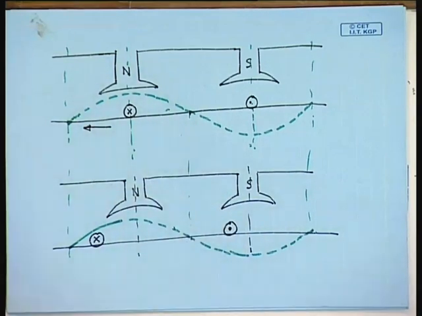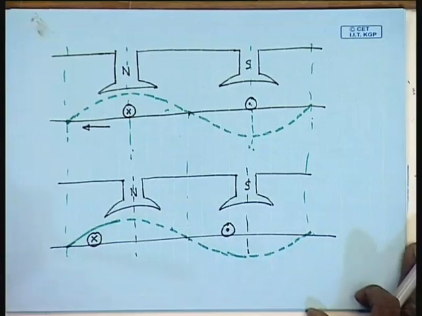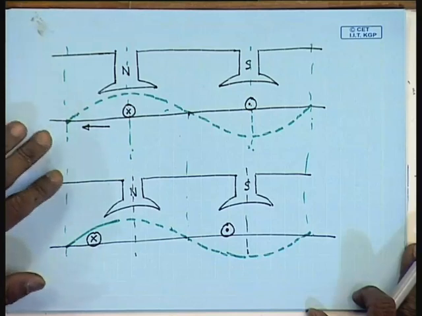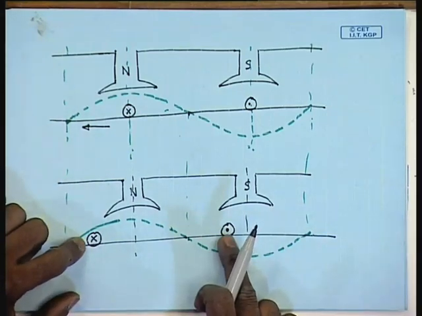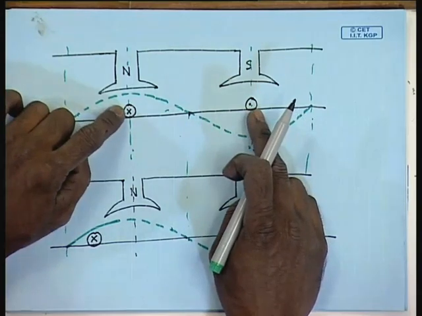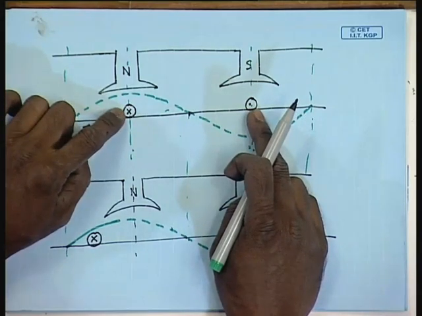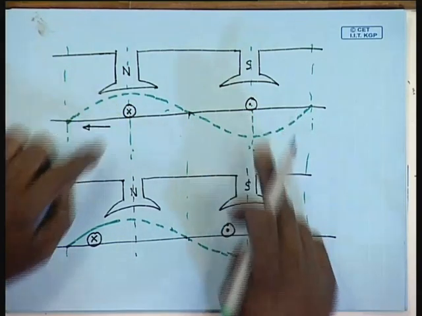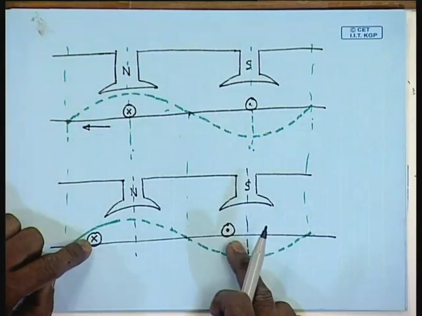Comparing these two diagrams, we can see that there is a change in total flux that passes through the coil, that is, there is a change in flux linkage. In the unaligned position, total flux passing through the coil was 0. In this case, what has happened?